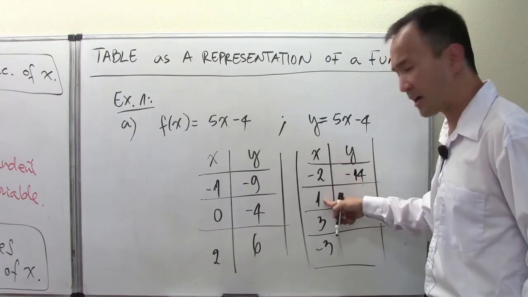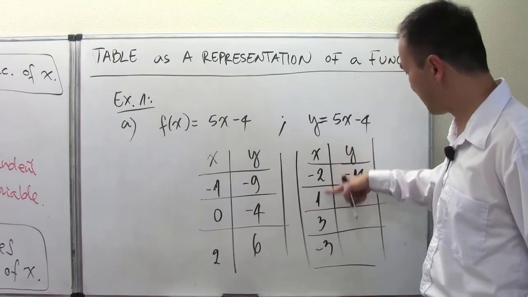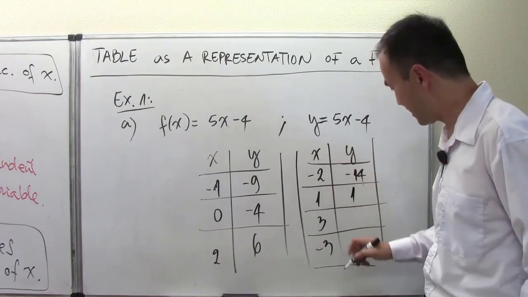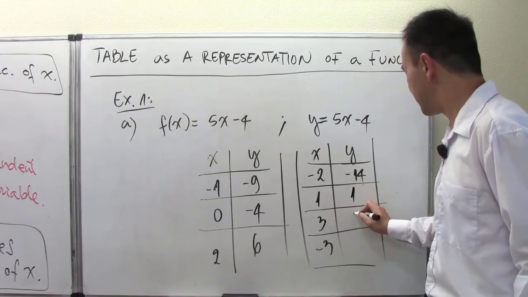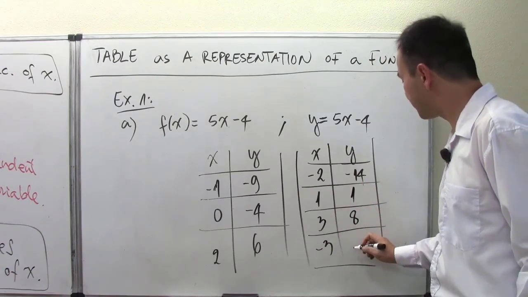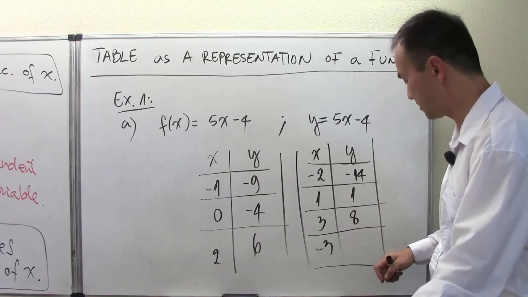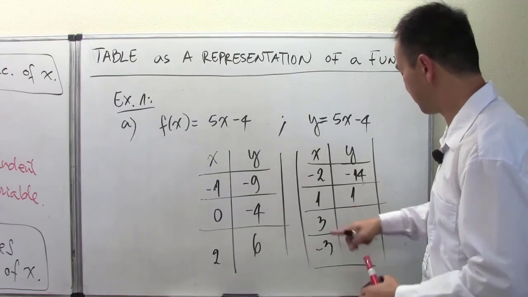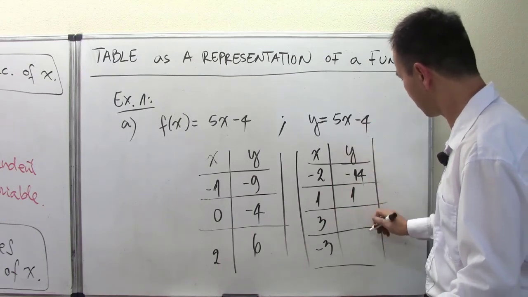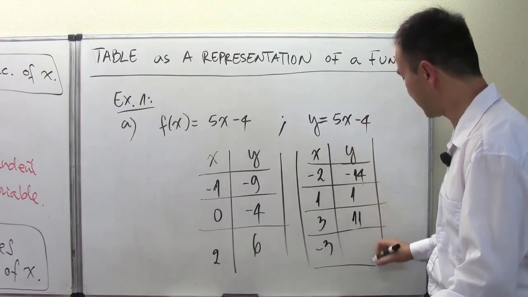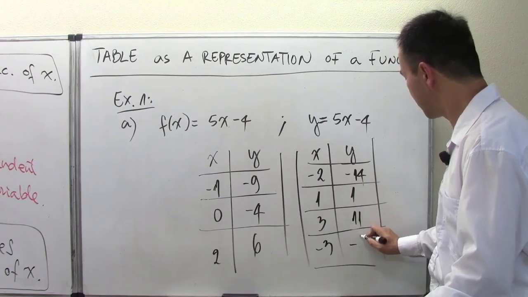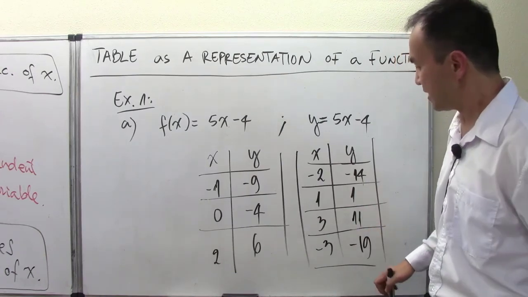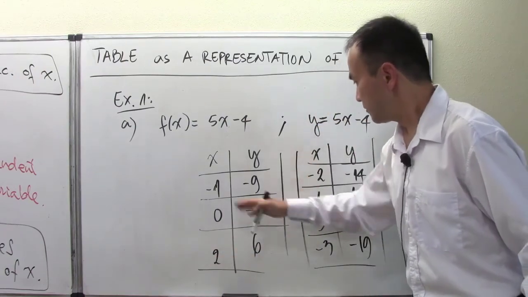Now I didn't get one ready for this, so 5 times 1 is 5, minus 4 is 1. And then that is an 11, and then this is a -19 right there.